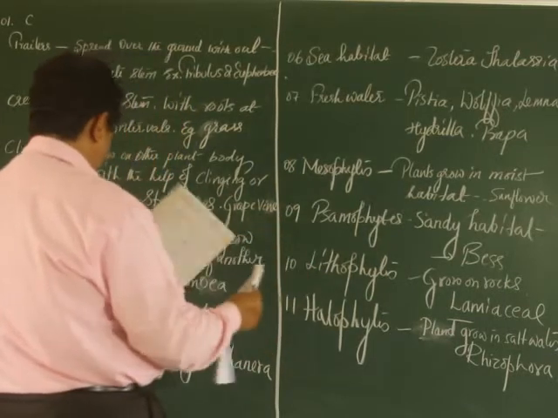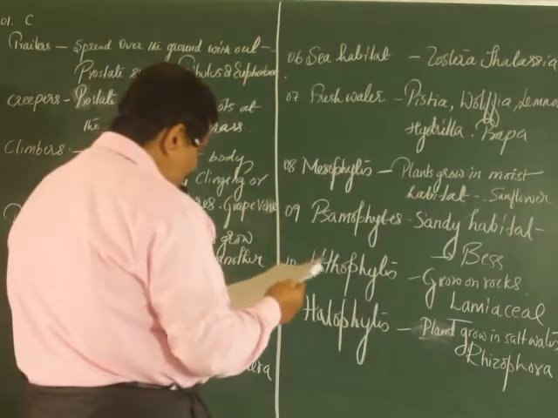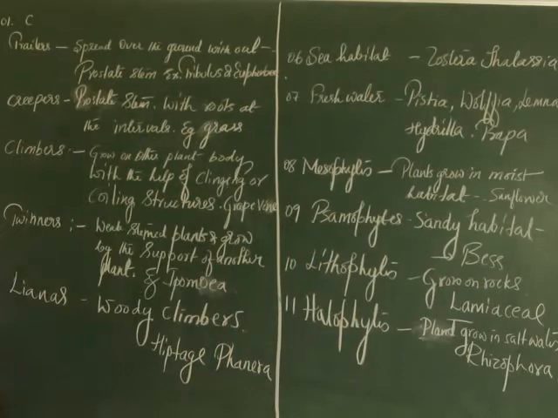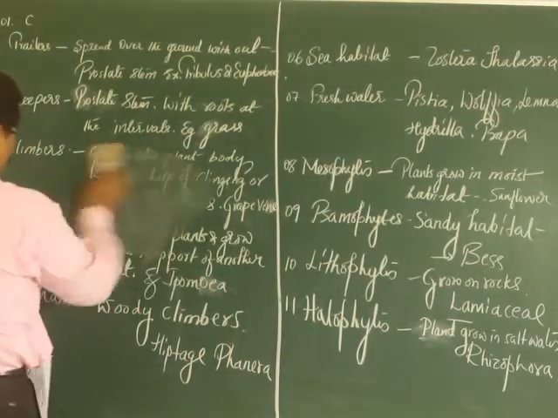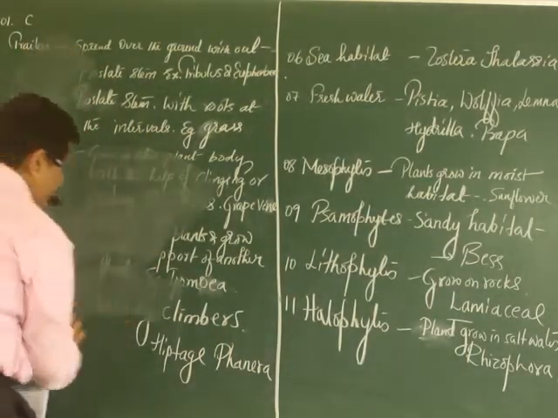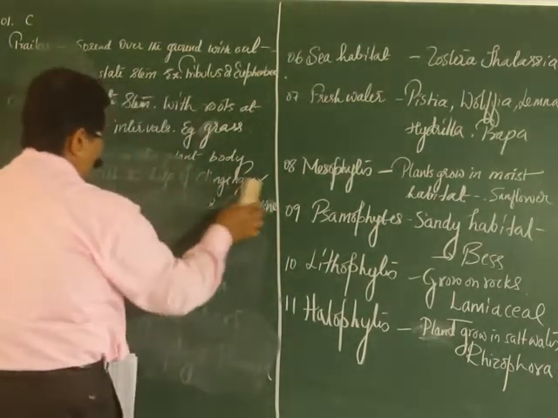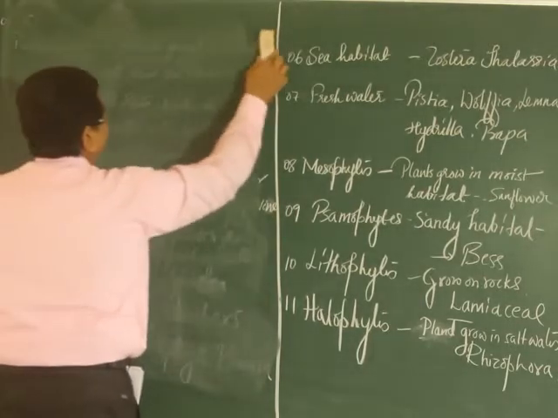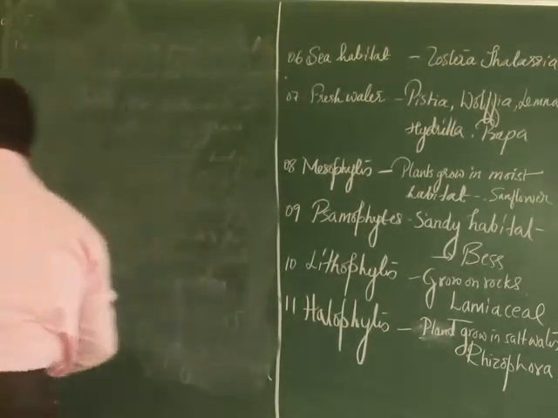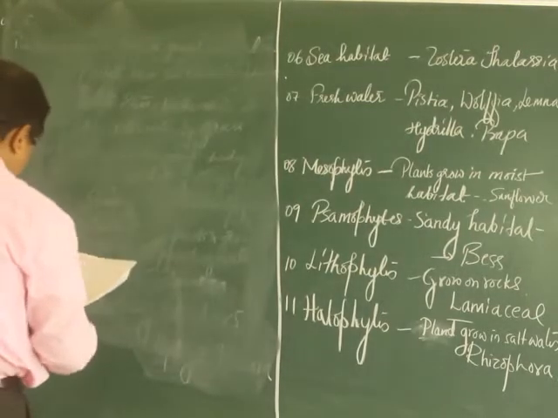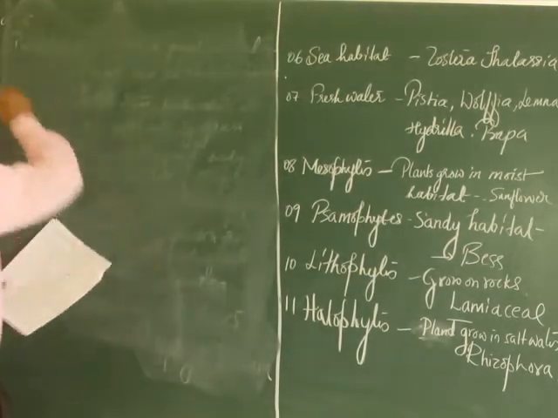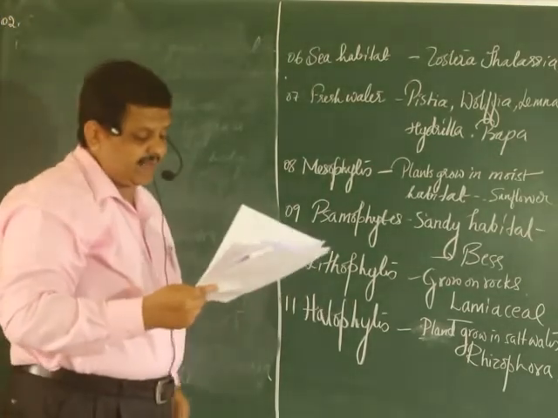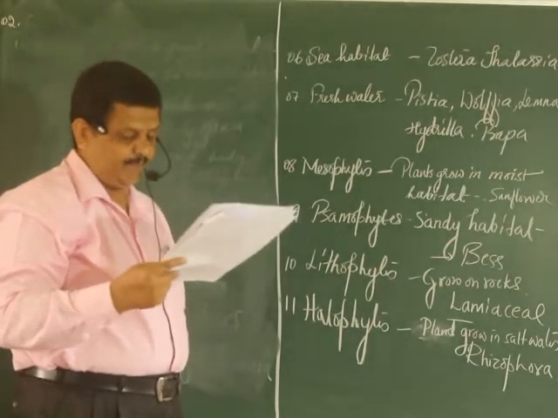Second question. Lateral roots are endogenous in some plants. Why are they endogenous? Option A, they say they arise from the cortex region of the root.